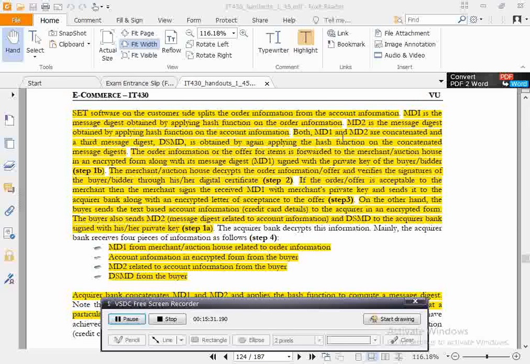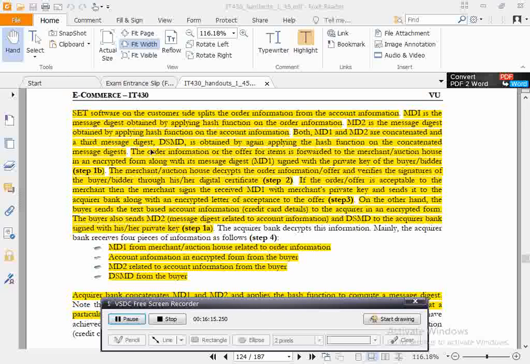Both MD1 and MD2 are concatenated and a third message digest, DSMD, is obtained by again applying the hash function on the concatenated message digest.